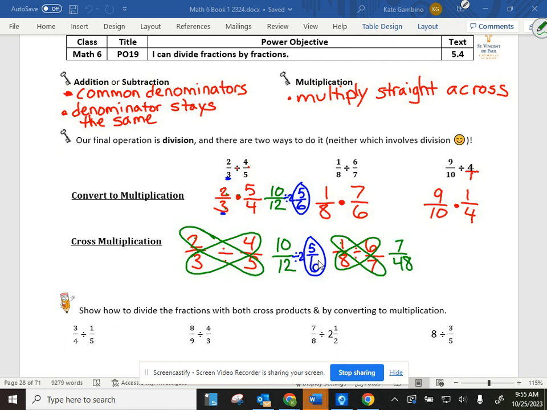Well, let's see if we get the same answer up here. 1 times 7 is 7, 8 times 6 is 48. Am I done? Thumbs up if I'm done, thumbs down if I'm not done. So show me your thumbs. Do you think I'm done or do you think I'm not done? I see some thumbs down. Bryn, what can I divide out of 7/48?